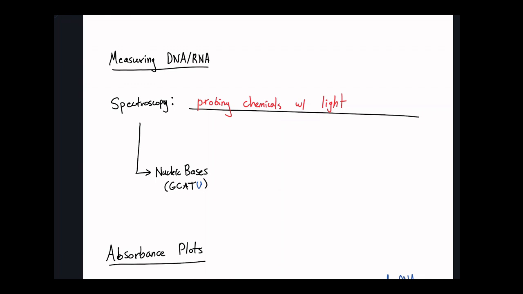So we're going to use this kind of technique for analyzing DNA and RNA, and specifically of note, the nucleic bases are capable of absorbing UV radiation. So ultraviolet radiation, which if you recall from earlier science is quite high energy, right? Typically we view the red to the orange.